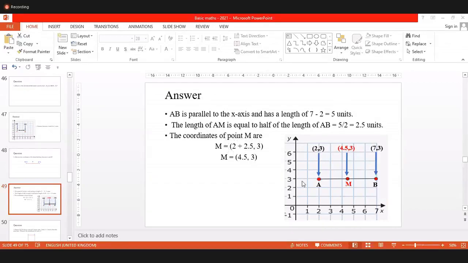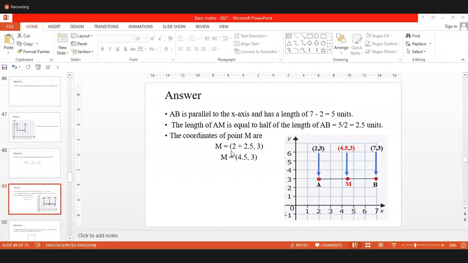Okay, this is the location on the x-axis. The y value is the same because we are not changing it, because it is a horizontal line which is parallel to the x-axis. So it is having a particular y value. So we add 2.5 with 2, then we get the new coordinate for the M point. Yes or no? That is 4.5, 3.